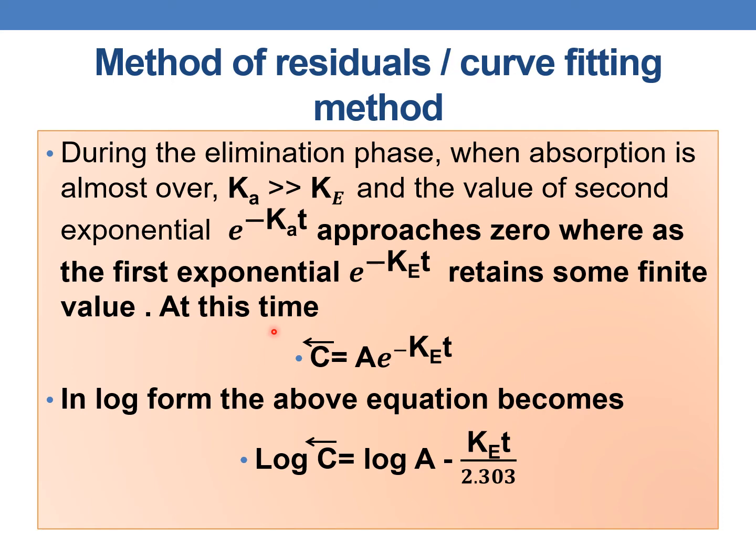At this stage, since e to the power of minus Ka t approaches 0, the equation is further reduced to C equals A into e to the power of minus Ke t.